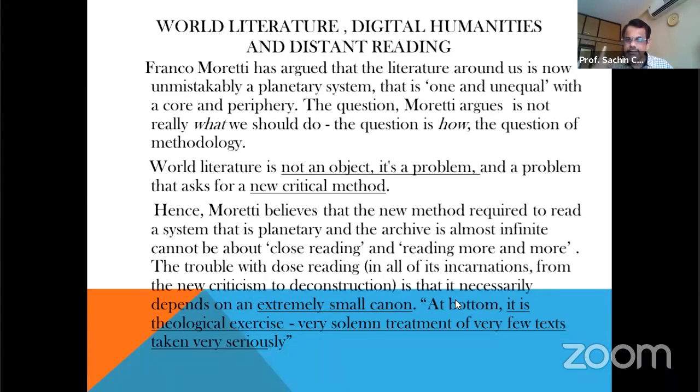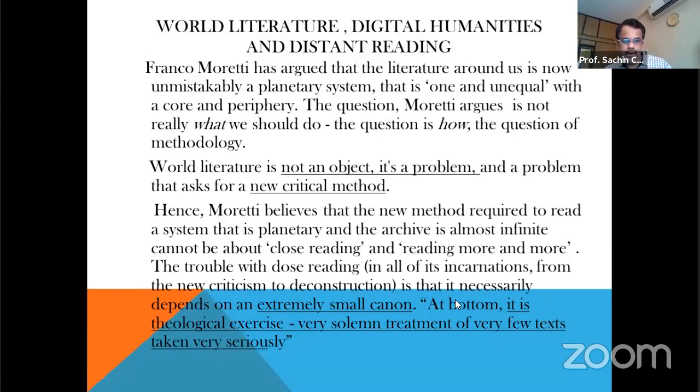Then why do we select just one novel and consider it as a representative text? So the whole method of close reading is very often connected to the idea of canon. So he says reading more and more is never going to solve the problem. You are never going to read 10,000 novels in your life and research them.